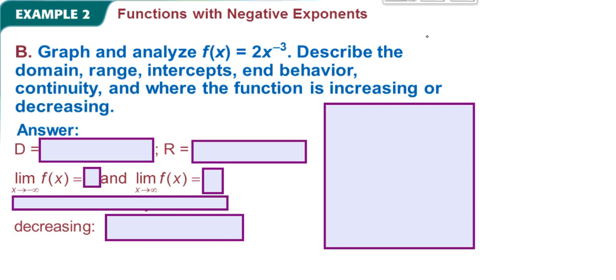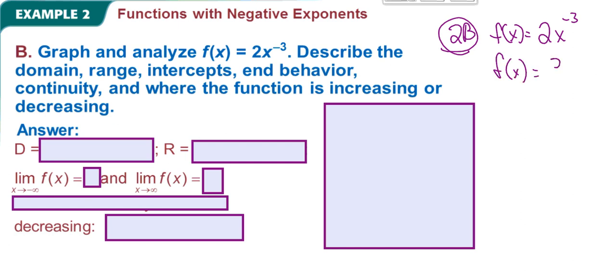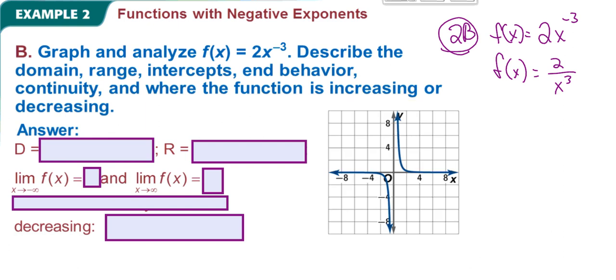So make sure you've labeled that this is 2b, and so this is f of x equals 2x to the negative 3. And in your mind, just remember that's f of x equals 2 over x to the third. So it is this kind of reciprocal function with a negative exponent. When you graph that, it should look kind of like this. Our domain is from negative infinity to 0, union with 0 to infinity.